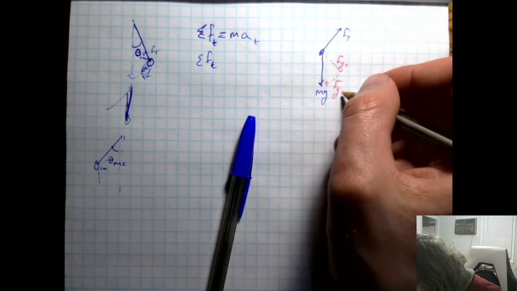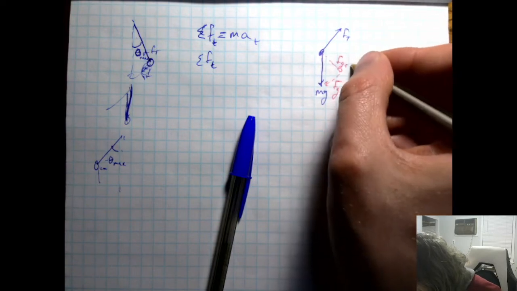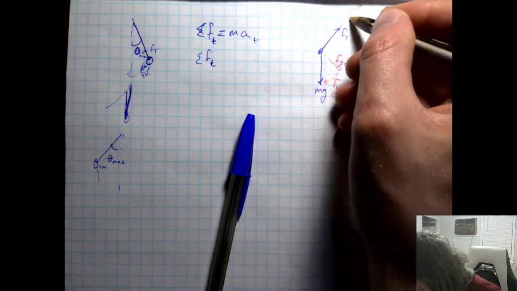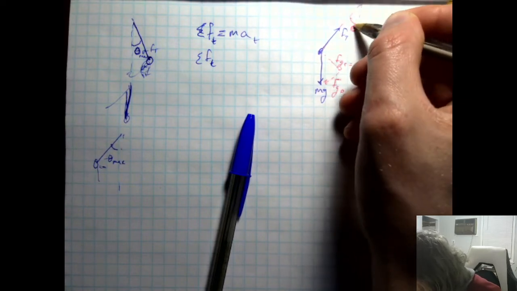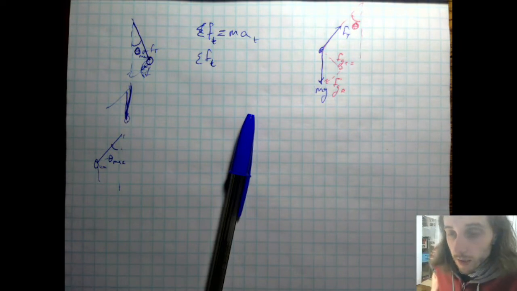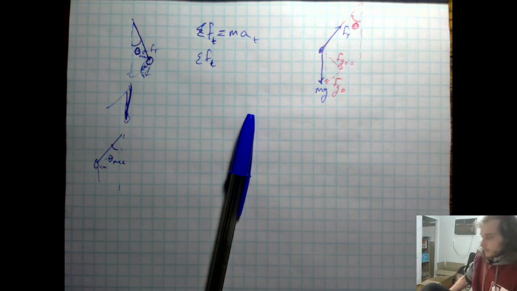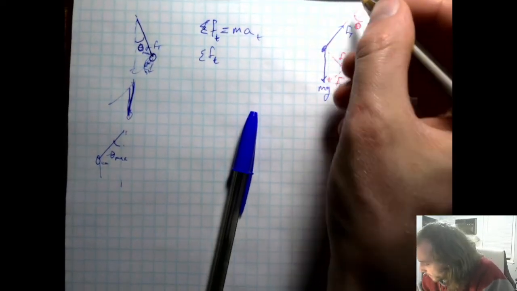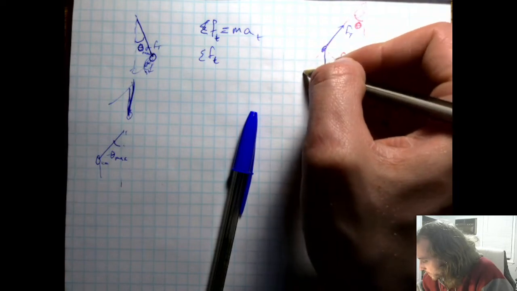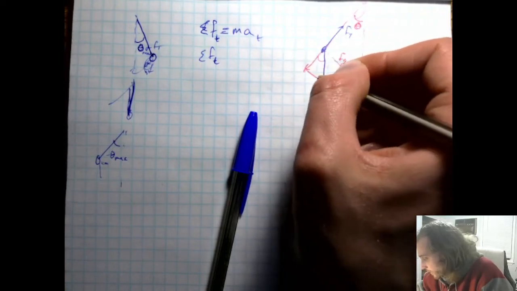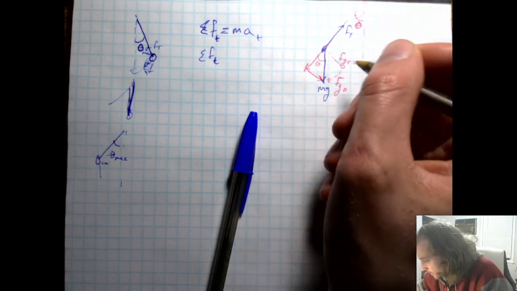Some component of gravity will be going radially. The tangential component of gravity, if we look at the geometry of the situation, this is our rope. This angle will need to be the same as this angle. So if I redraw it on the other side, it'll be a little easier to see.